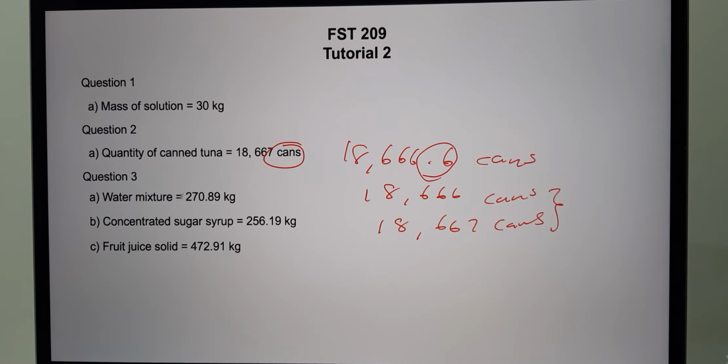Alright, then question 3: water mixture equals 270.89 kilograms, concentrated sugar syrup is 256.19 kilograms, and fruit juice solid is 472.91 kilograms. We are going to discuss this one after this.